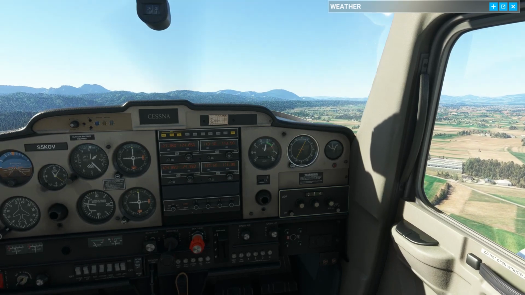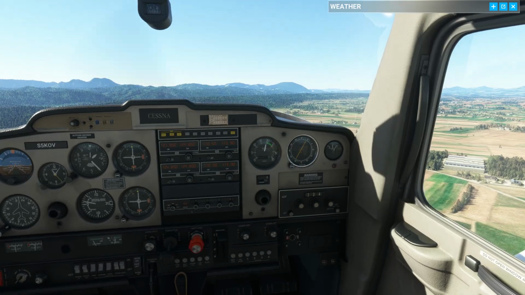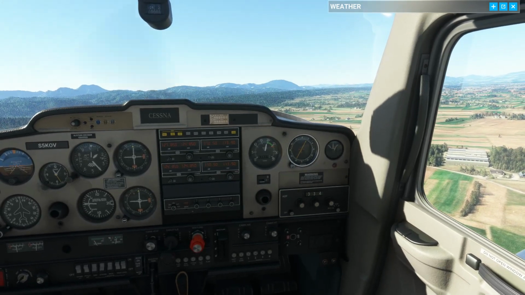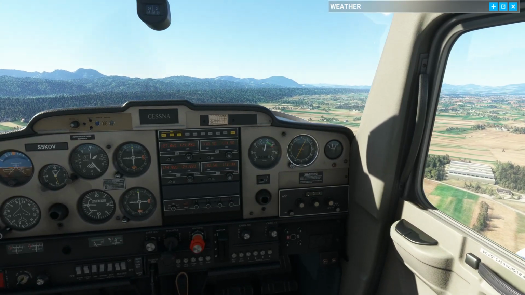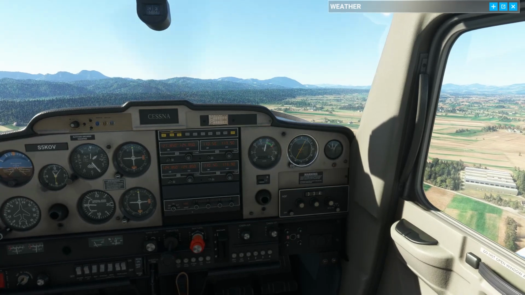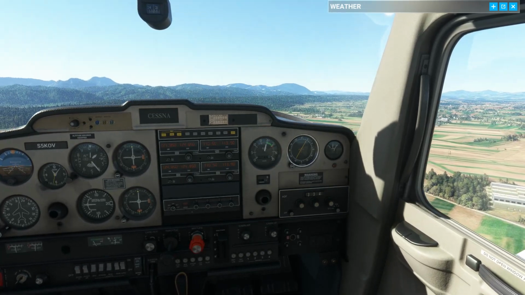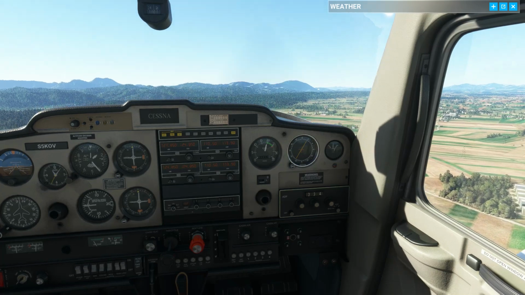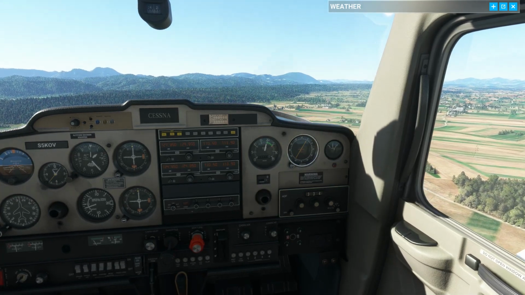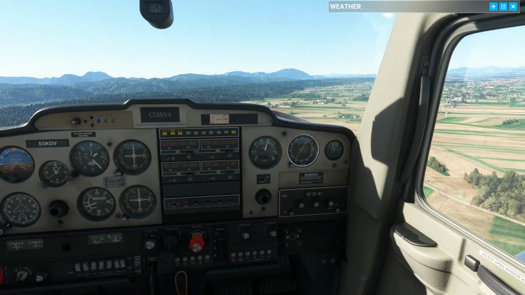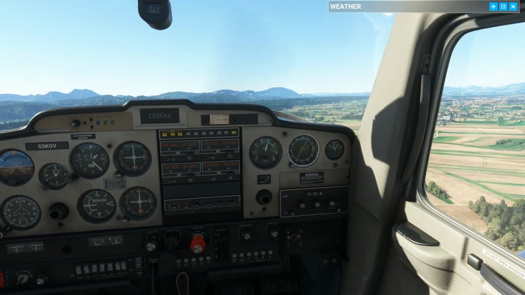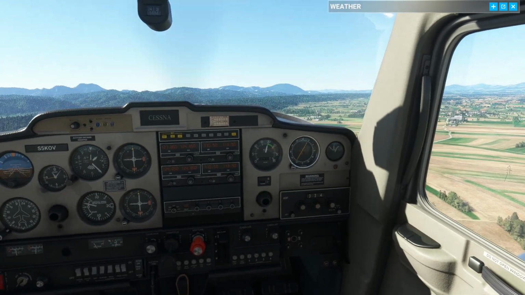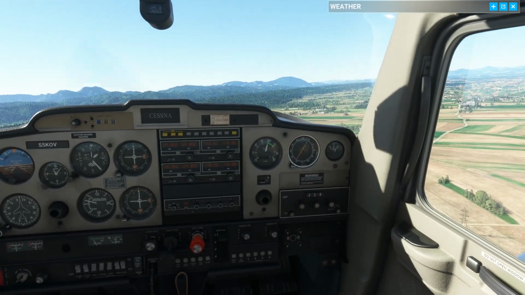As we see in this video, we are not aligned with the ADF needle and our aircraft. That is because we have strong winds coming from our left side. We are facing more to the left so that we can eliminate the influence of winds.